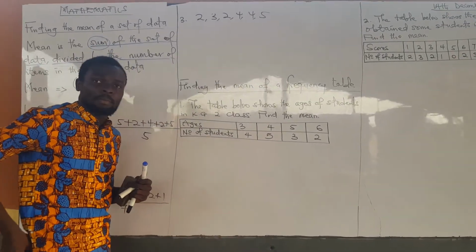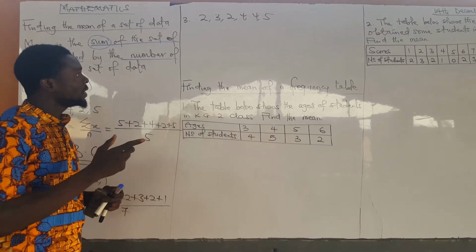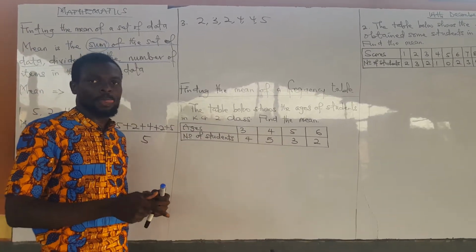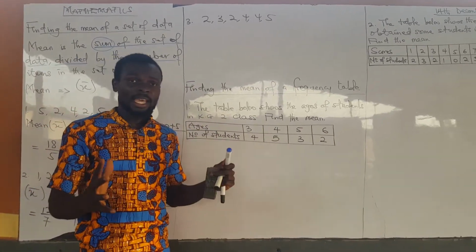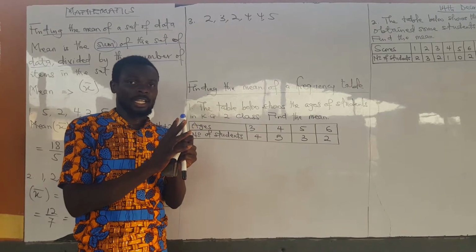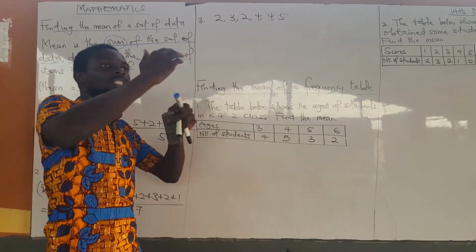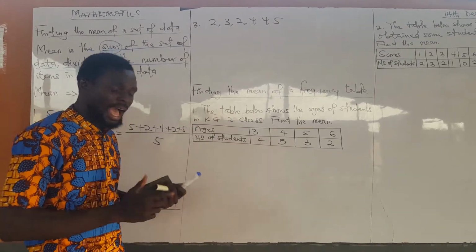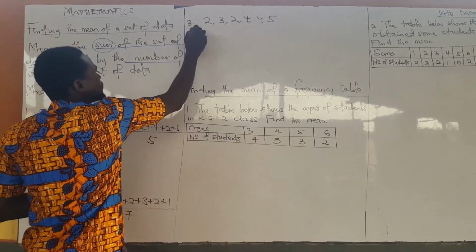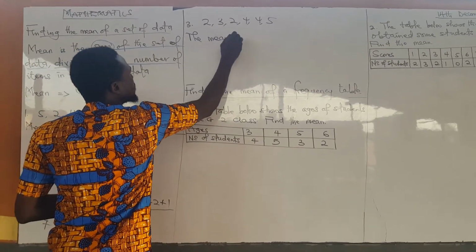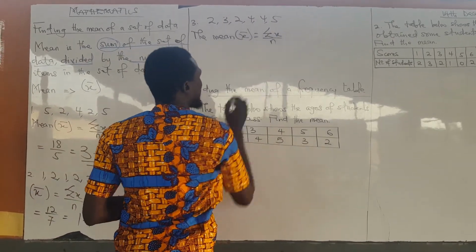We have to find the mean of the set of numbers 2, 3, 2, 4, 4, 5. To calculate the mean, we have been told that the mean is the sum of the set of data. So first find the sum of the set of data, then you divide it by the number of items. So we can say that the mean, denoted as x bar, is equal to sigma x over n.